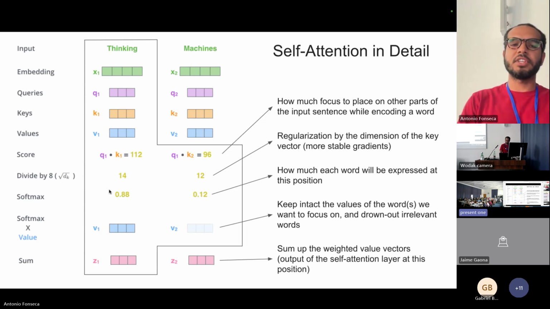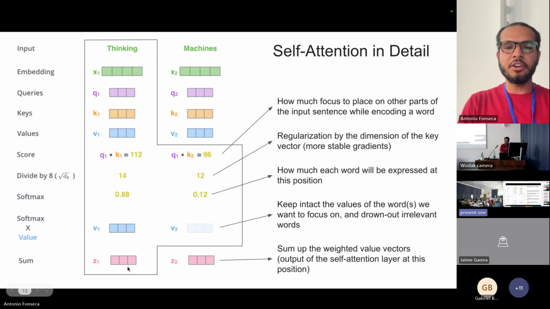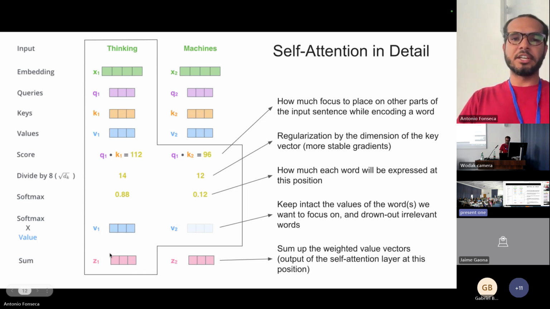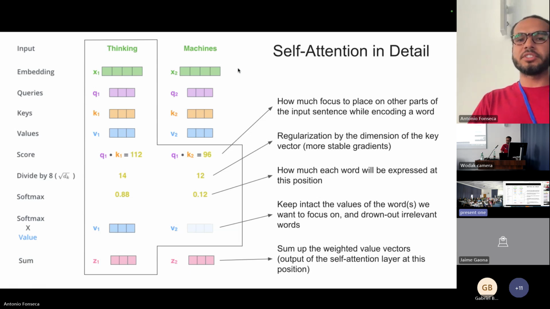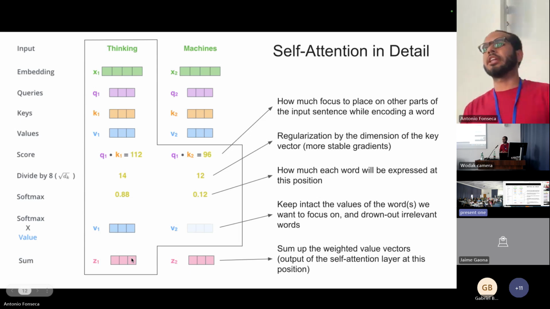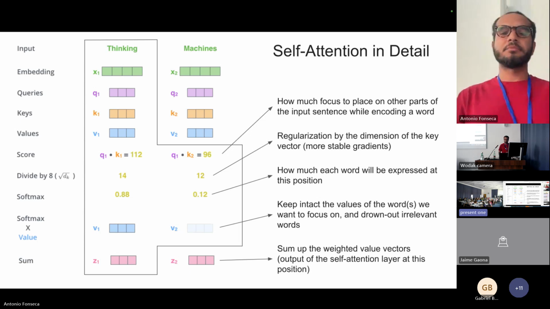So at this point, I have almost a probability distribution of how I'm going to combine information from all the other words in my sequence when trying to understand the current query that I'm giving as input. So now I have a representation Z, which is the representation that has been learned given the context of all the other words in my series, which is going to be trained for a specific task down the road.